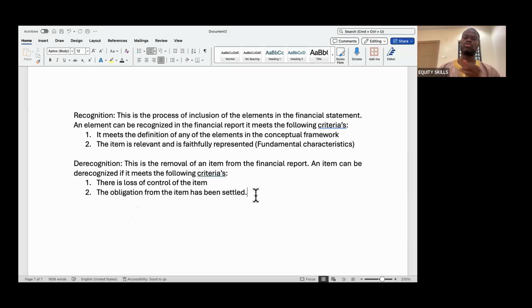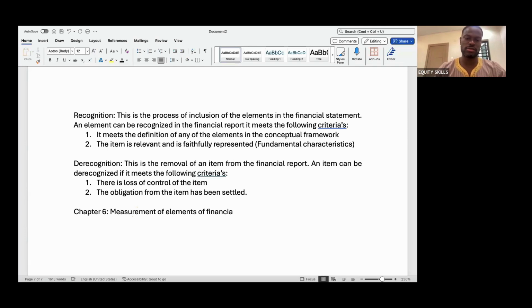So these are the 2 derecognition criteria. Before you can remove an item from the books, either you have lost control of that item, or you have settled any obligation arising from the item. And that's chapter 5. Chapter 6 talks about measurement of elements of financial statements.